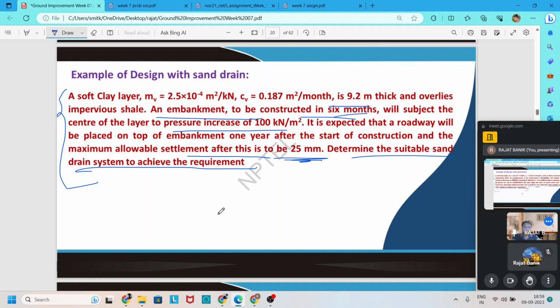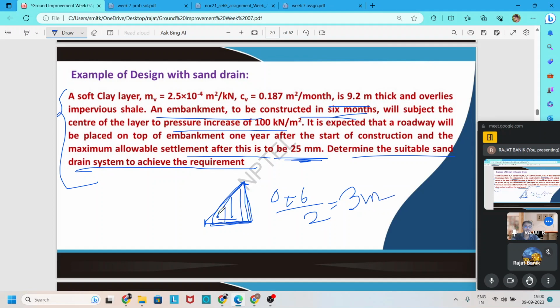That means at 0 months the load is 0, after 1 month there is some load, and like that, in 6 months the complete load is put on this ground in the embankment shape. So we average the time period: 0 plus 6 divided by 2, so we get 3 months.